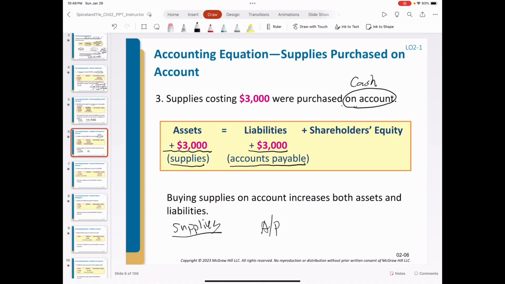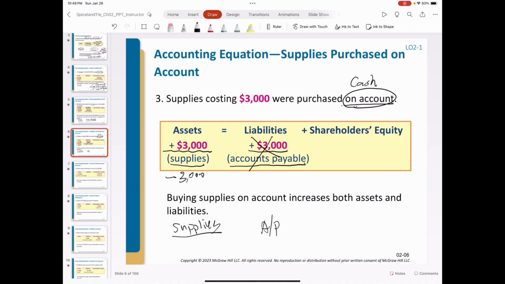If this purchase was not on account, if it was in cash, think about it. What is the difference we can observe? Because this transaction is in cash, there will be no liabilities. Instead, the company pays $3,000 instantly when the supplies are delivered.